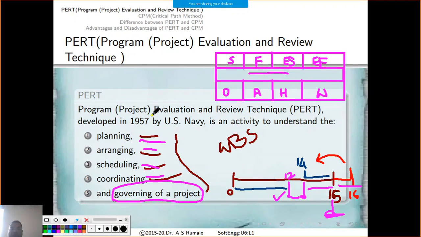You can show this node to the team member, and you can say that if you follow these things, if you meet the early finish and early start maximum times while executing the project, then you will remain in what we call the optimal or average zone.